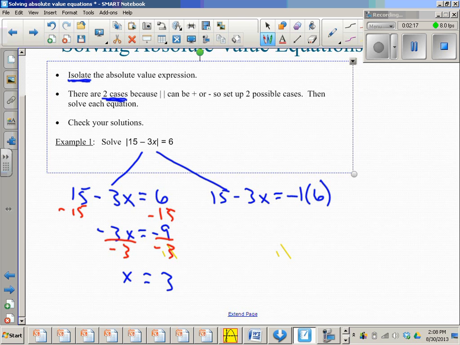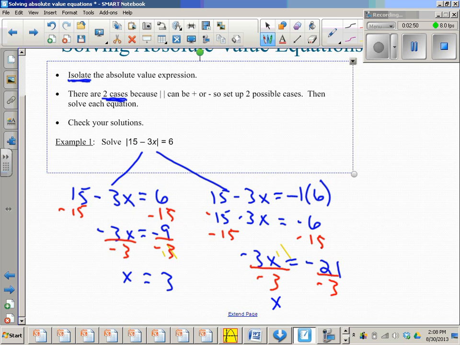And go to case 2. We need to multiply -1 times 6 first. Now we're going to subtract 15 on both sides. -3x equals -21. Divide by -3 on both sides. And this time I get x equals +7.